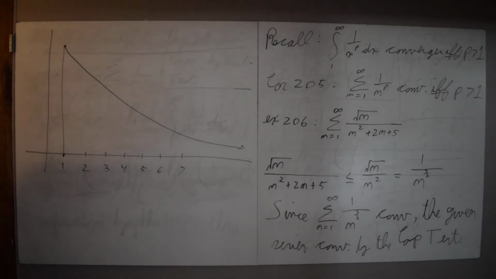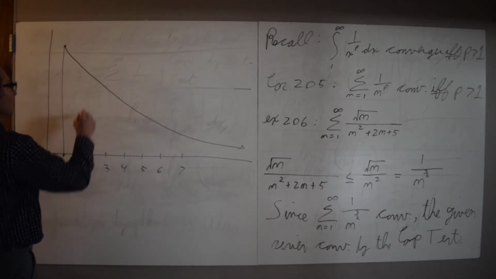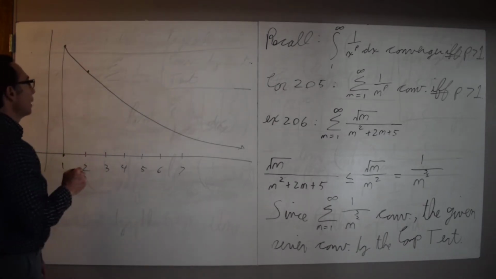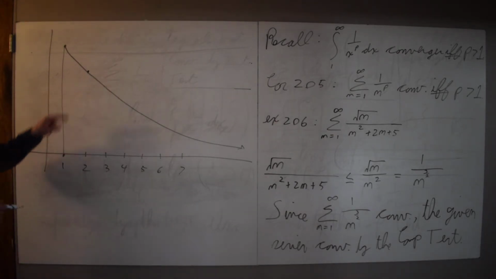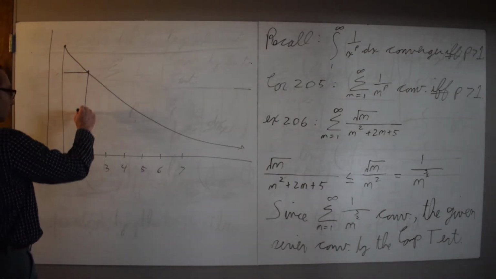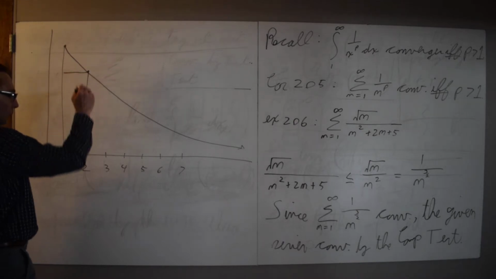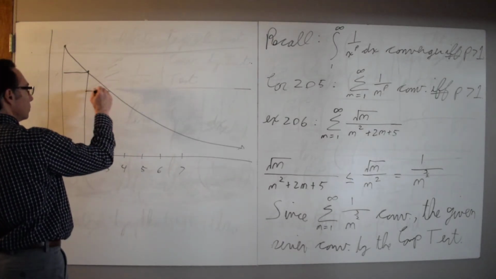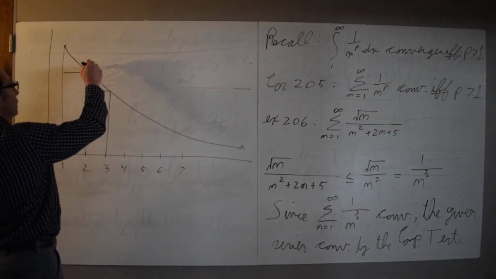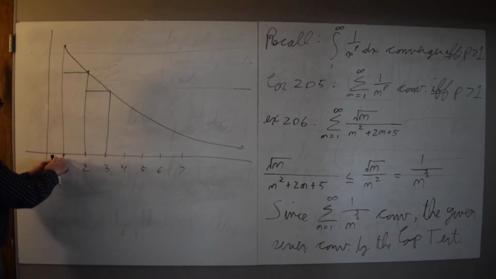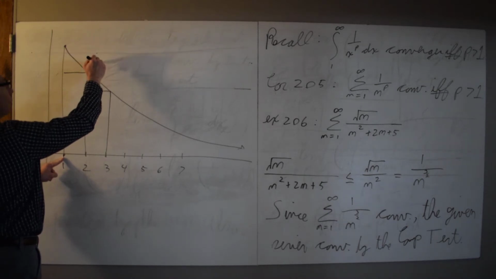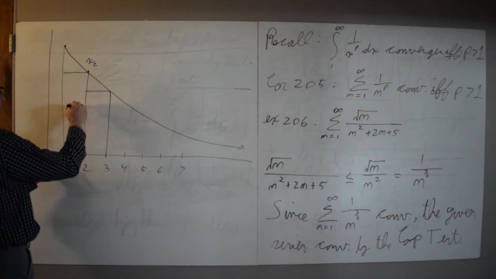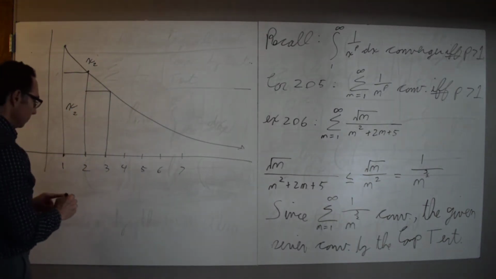Now what we'll do is look at the terms of our sequence. x sub 2 corresponds to f of x sub 2, or f of 2. So this is our x sub 2. So this rectangle has width 1 and height x sub 2, so it has area x sub 2.